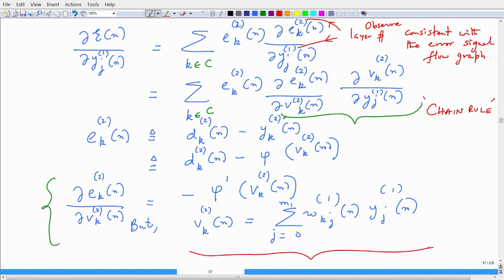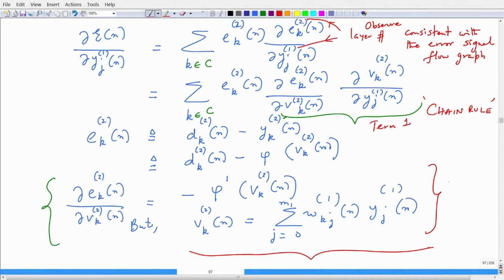Now if you take the partial of v_k(n) with respect to y_j, you land up with w_kj(n) in layer 1, right. This is straightforward. So using these two equations you can plug this back. I would call this term 1.